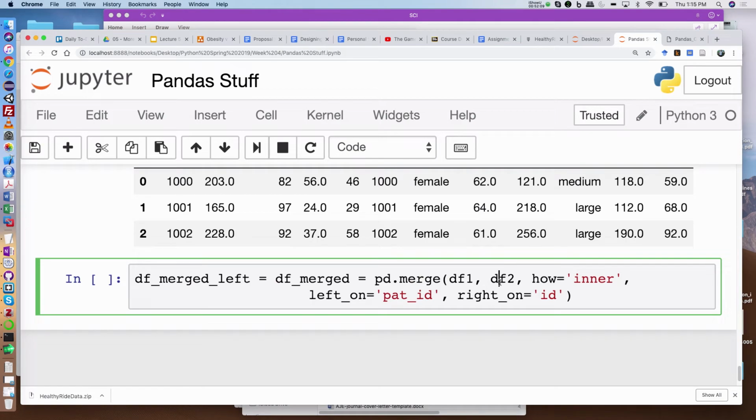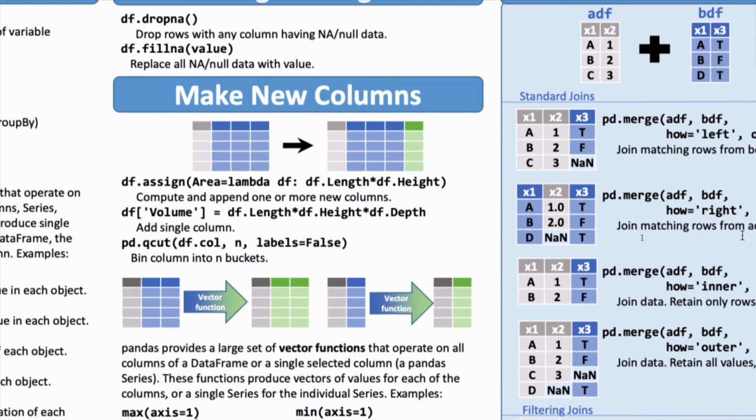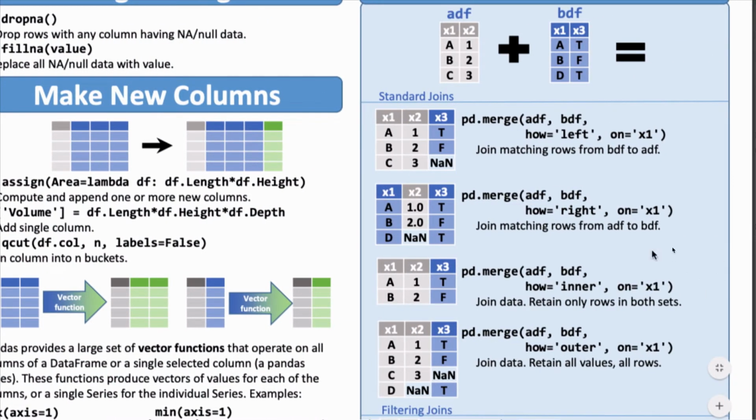And if we look at the cheat sheet one more time and zoom in, the left join will basically match rows from the left table and show NaN where it doesn't match on the right. Does that make sense?